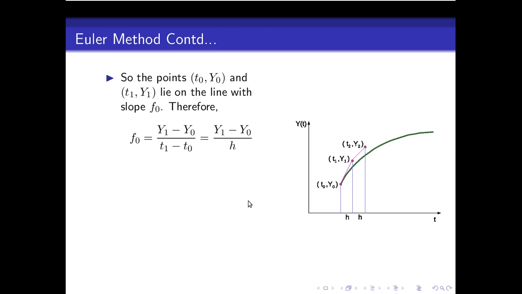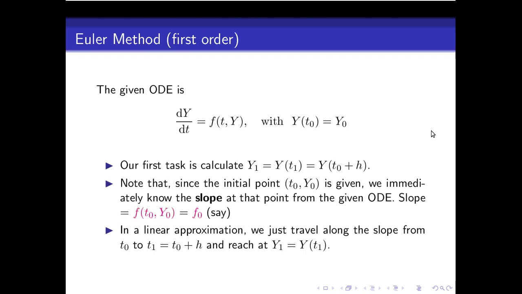First, look at this graph. Let us assume that this green curve is the exact analytical solution of the problem. So this is the exact y(t), y as a function of t, but you don't know this. When you are attempting to solve this by the Euler method, we don't know beforehand what the function may be.